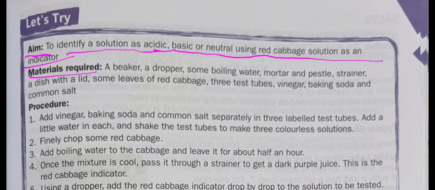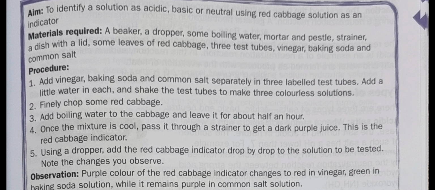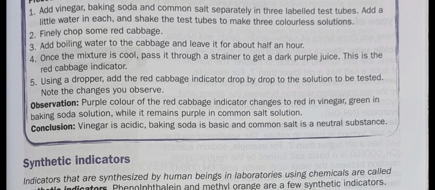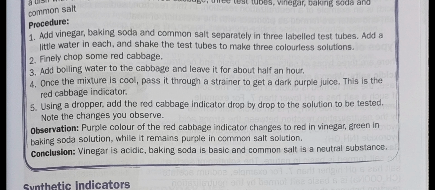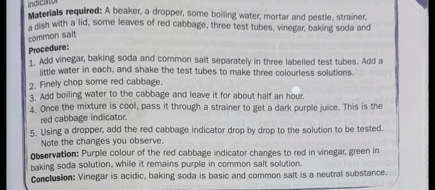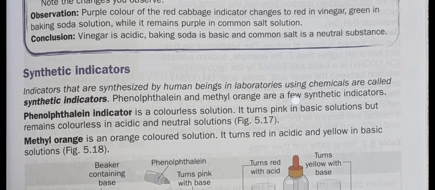Materials required: a beaker, dropper, some boiling water, mortar and pestle, a strainer or dish with a lid, some leaves of red cabbage, three test tubes, vinegar, baking soda and common salt. What is the procedure? You can see the procedure, steps 1, 2, 3, 4, 5 are given here. You can read them, and see the observation and conclusions. This activity you can also do at home.